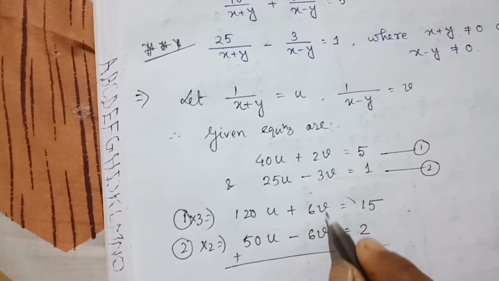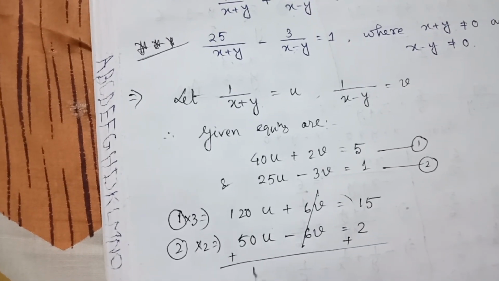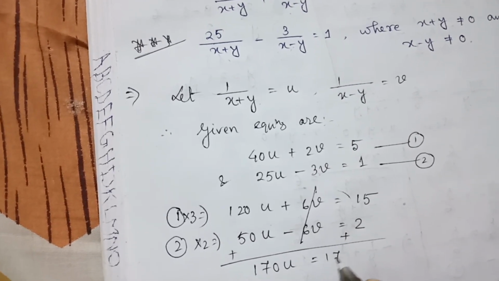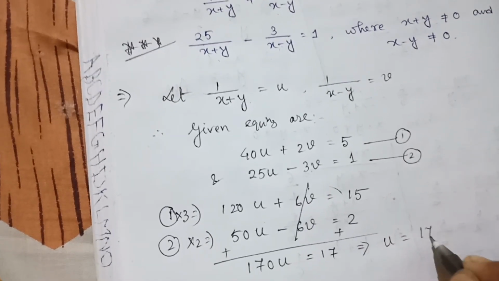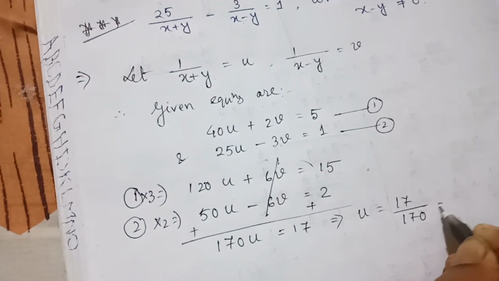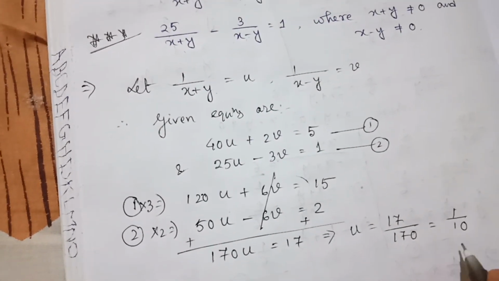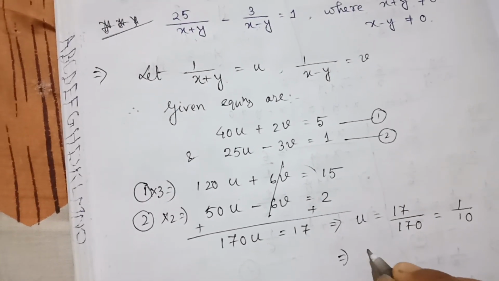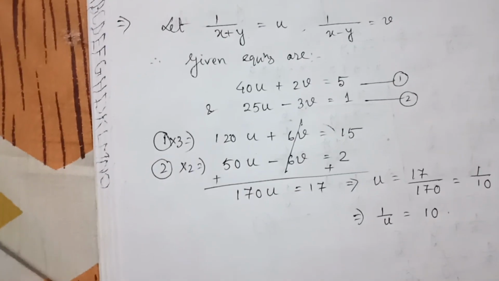Plus and minus will be cancelled out. That means we are getting 170u equals 17. From this we can write u equals 17 by 170, which is 1 by 10. So u equals 1 by 10. That means 1 by u equals 10.